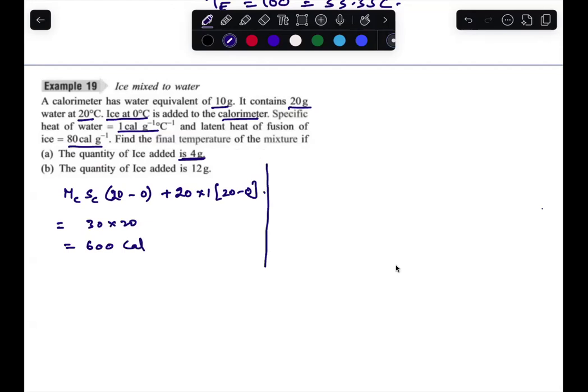Now see, you already know 80 calorie per gram is the latent heat of fusion of ice. For example, if 600 calories is the loss, then M ice into 80 is what I am doing. In fact, M ice is 60 by 8.